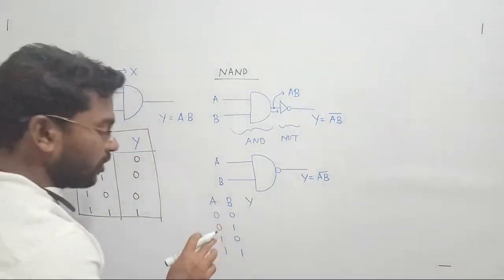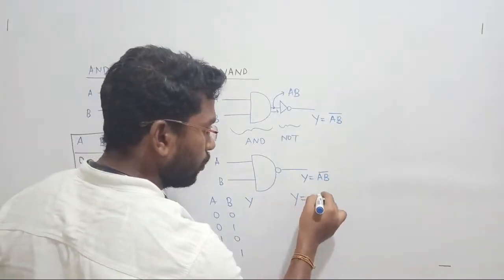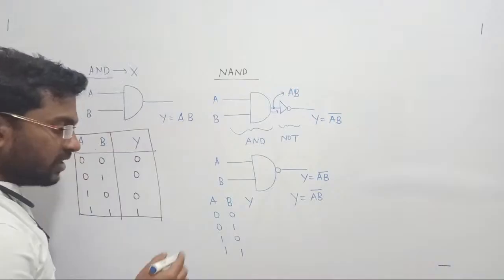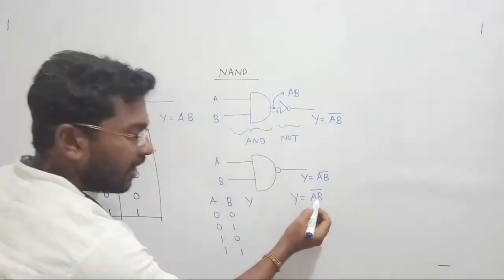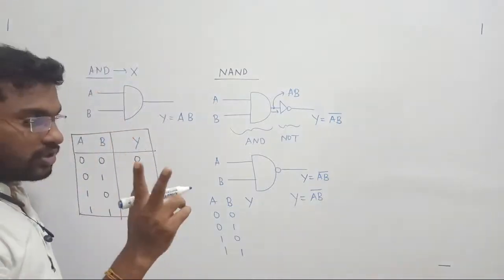Let us perform the operation. We all know Y is equal to AB whole bar. First we have to perform AND operation and then we have to perform NOT operation. Two operations are required.